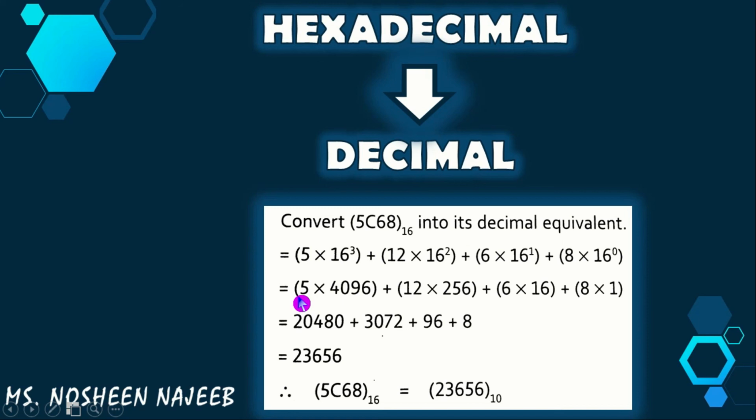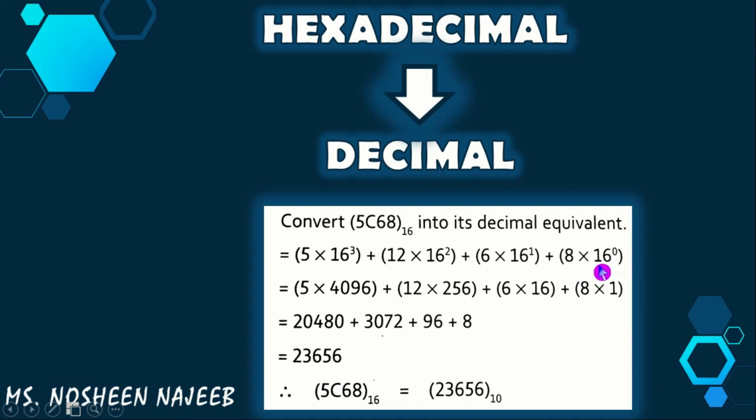So 5 multiply 16 multiply 16 multiply 16, the answer will be 4096. 12 as it is, multiplying with 16 squared, so 16 squared means 16 multiply 16 equals 256. 6 as it is, 16 1 times 16, 8 as it is, 16 power 0, and the rule of expansion method is you will place 1 whenever you have power as 0 of any given base.